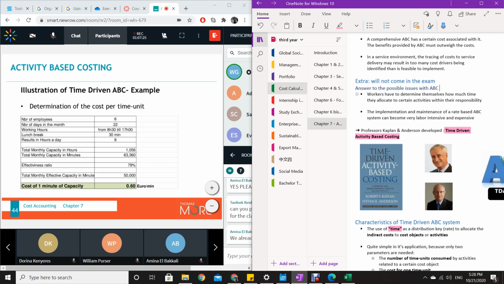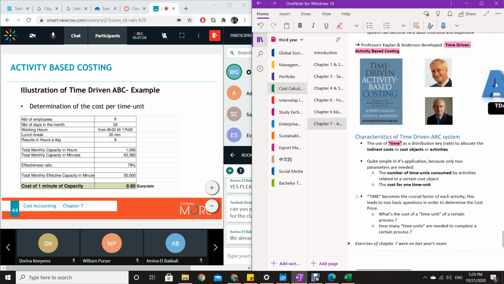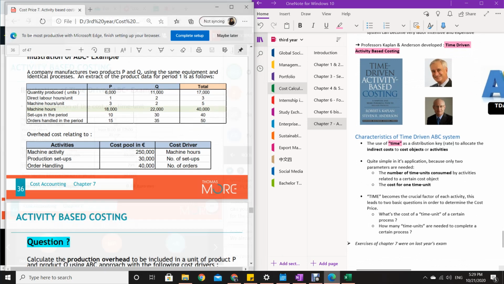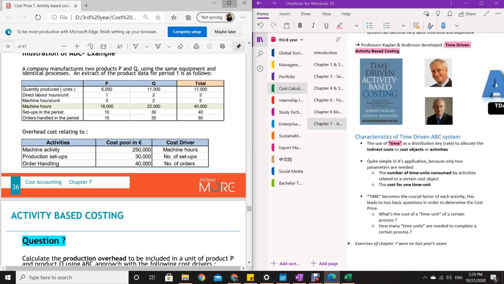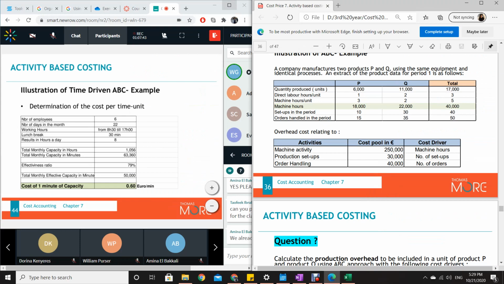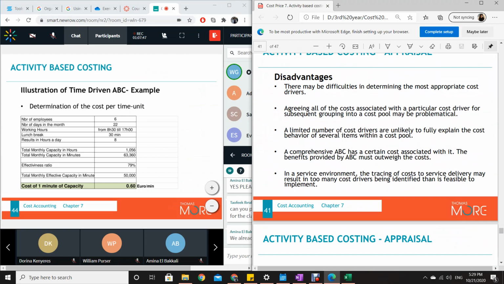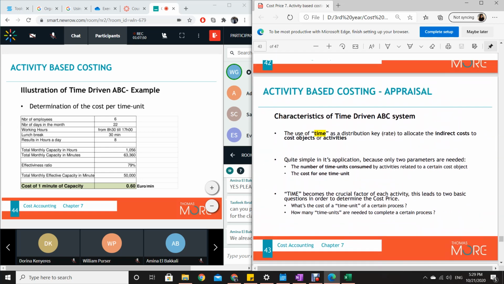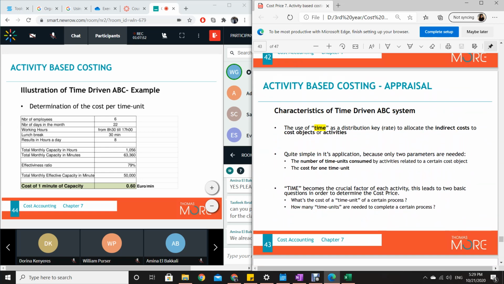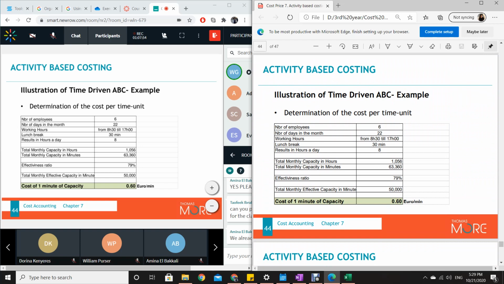I give you an example of what can happen in a service organization, a back office, where they treat orders. Just to explain the example, you have an office where 6 people are working, and these 6 people cost the business 5,000 euro each.